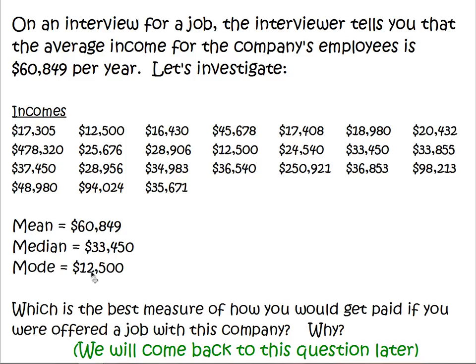So more people in the company make $12,500 per year than any other salary. So which do you think is the best measure of how much you would get paid if you were offered a job with this company? Think about that for a second. Think about why the mean is so much higher than the median, and we'll come back.